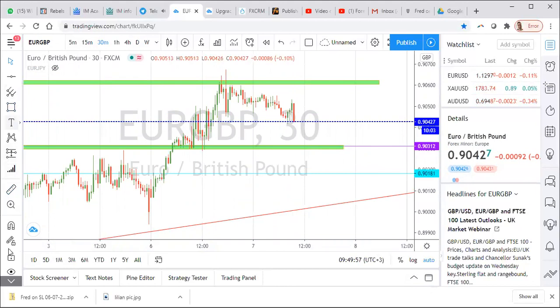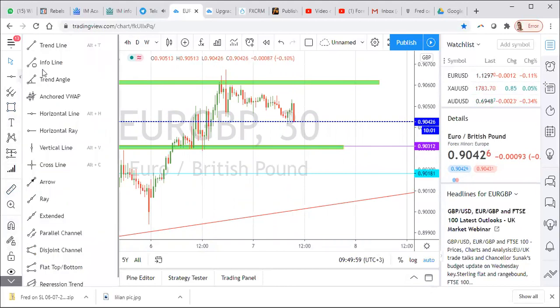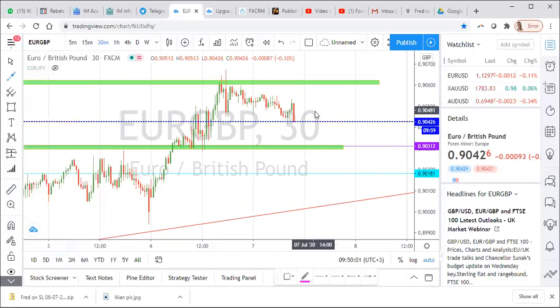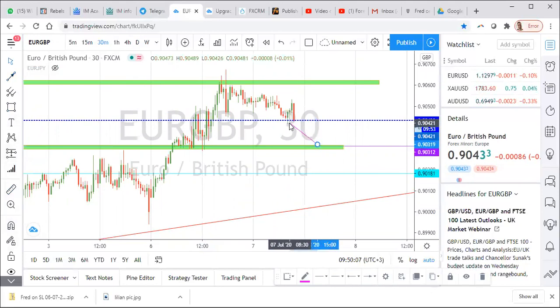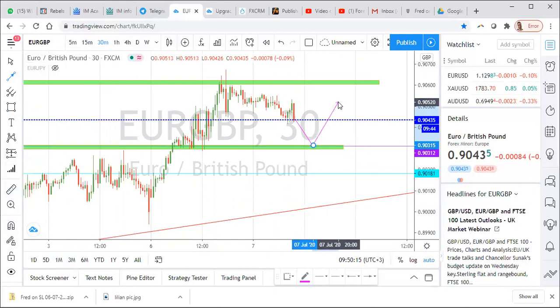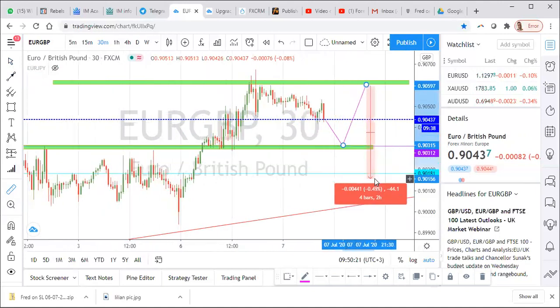This would be my move. So I wouldn't enter this trade right now. It's not ready. So come down like that, go up, reject off of that, and then just drop like it's hot.